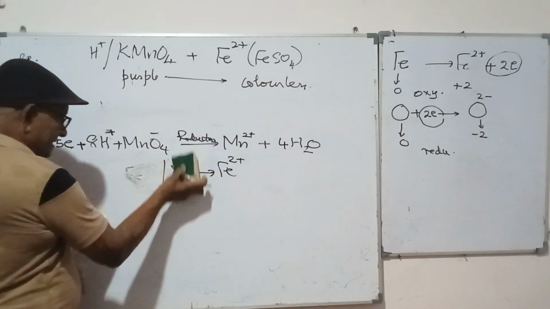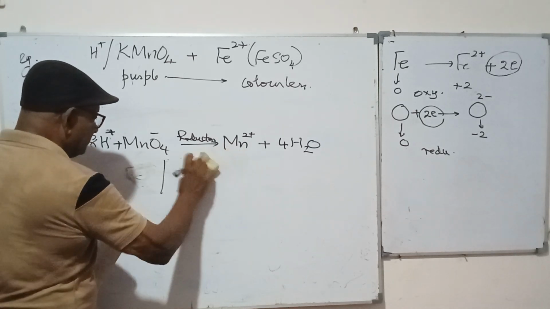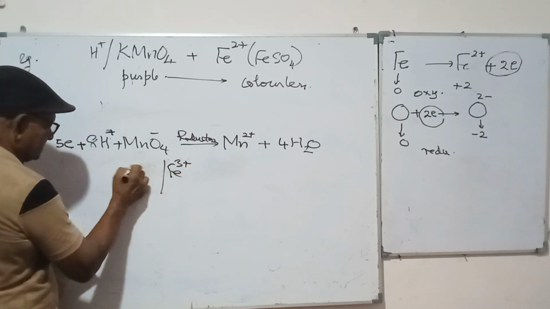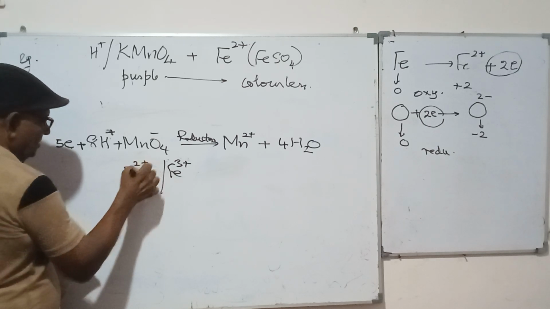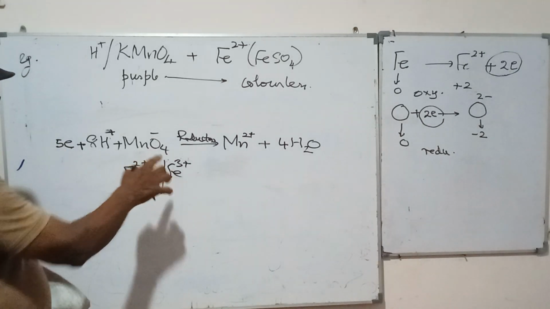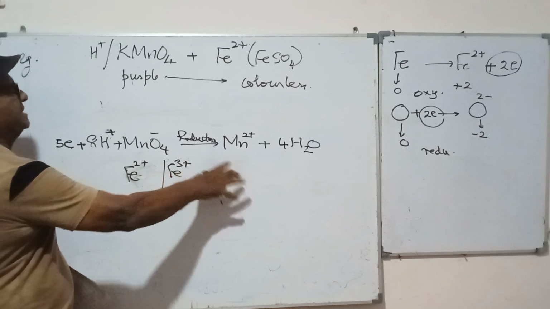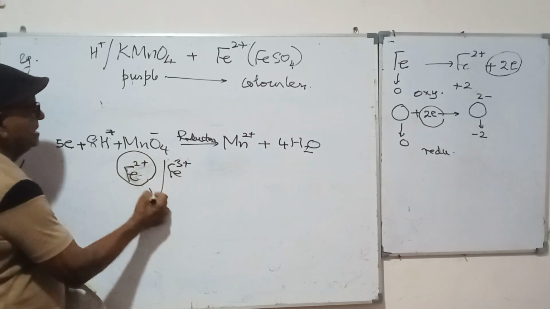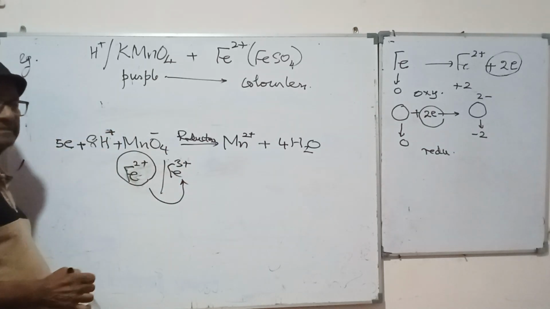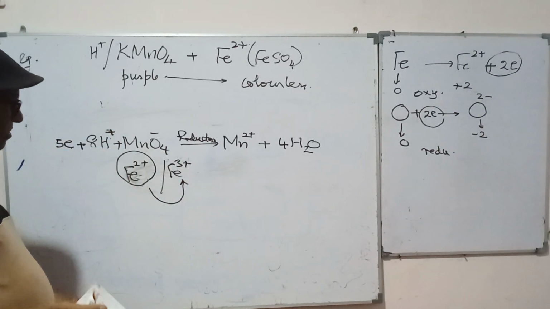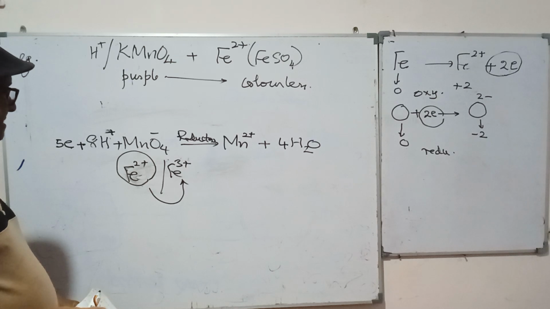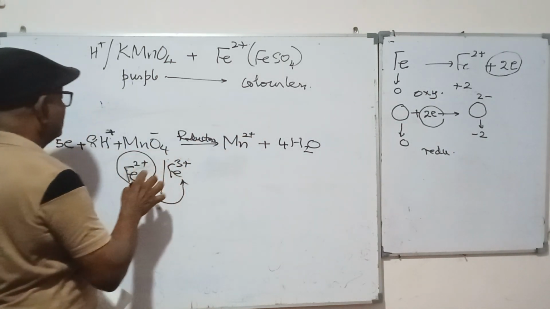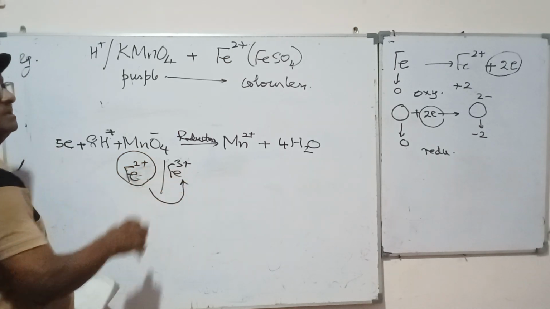But the solution contains Fe3 plus and Fe2 plus also. Fe3 plus is unable to oxidize, but Fe2 plus can oxidize, converting to Fe3 plus. So then what is the reaction? MnO4 minus undergoes reduction, while Fe2 plus undergoes oxidation.